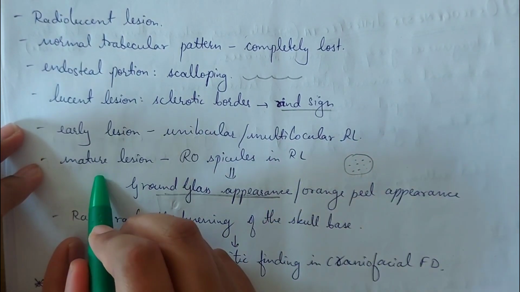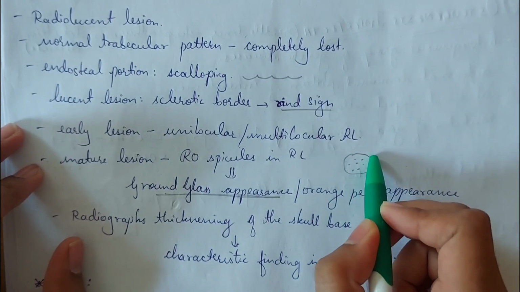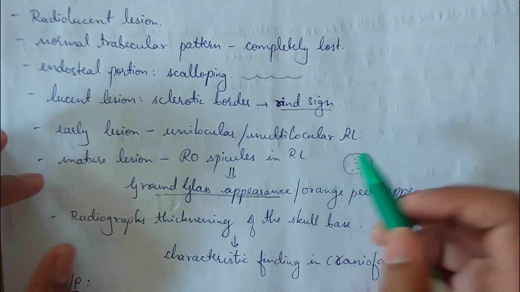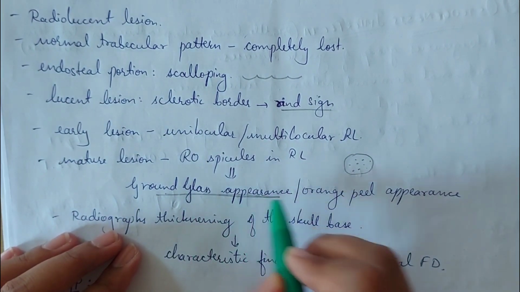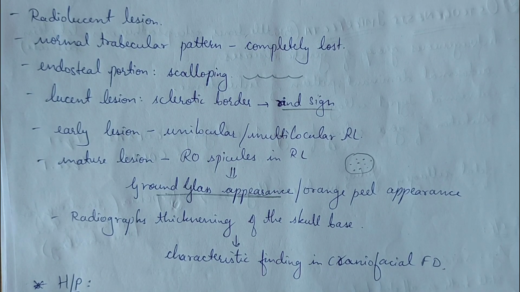A mature lesion gives radio-opaque spicules in radiolucency. Within the radiolucency, we can see dots or specks of radio-opacity which give a ground glass appearance or orange peel appearance. Radiographic thickening of the skull bone is a characteristic finding of craniofacial fibrous dysplasia.